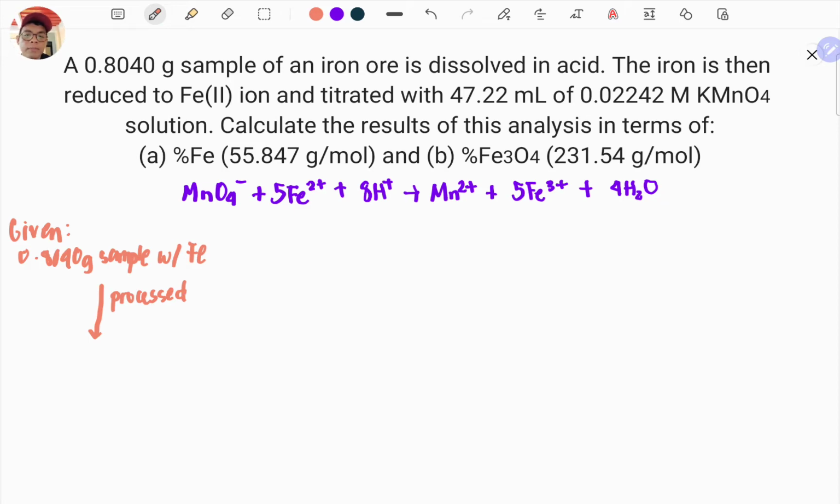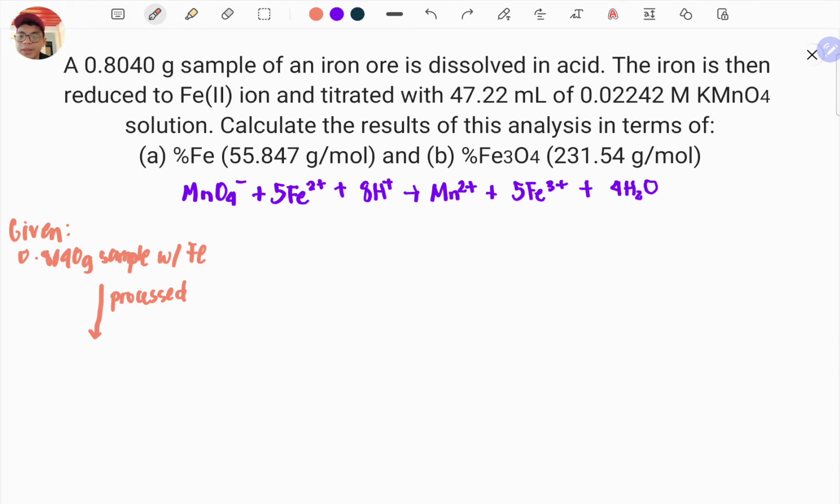We need to convert, by the way, all the iron to iron 2+ because the chemical reaction that we will use in our calculation depends on iron 2+. So if we were not able to reduce all the iron 3+ into iron 2+, our calculation will be wrong. So this step is necessary.